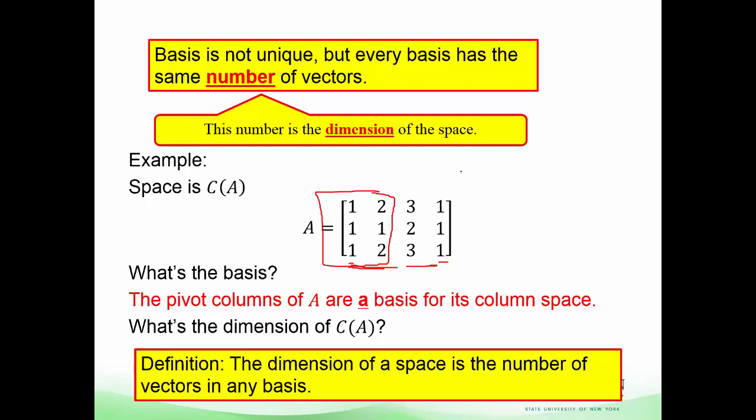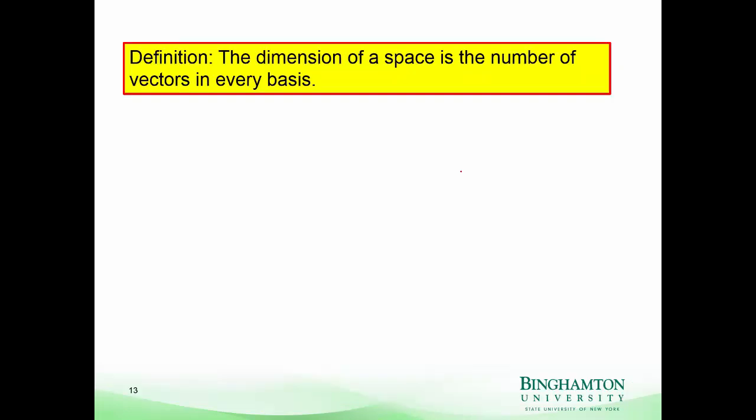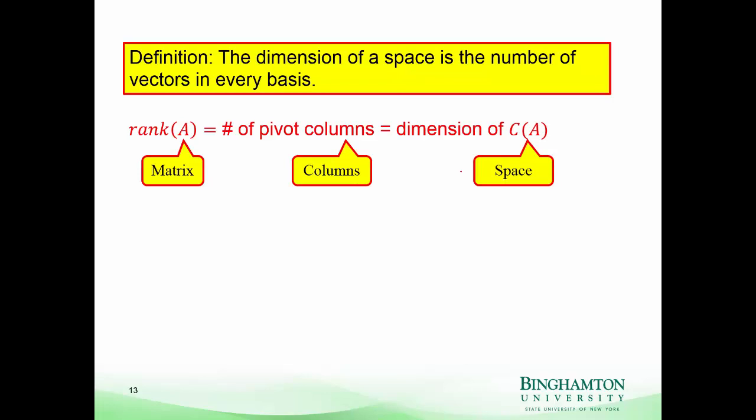Again, saying one more time, I think maybe you're getting the idea here that the number of vectors in a basis for the space is the dimension. So the rank of A comes from some characterization of the matrix as a whole.